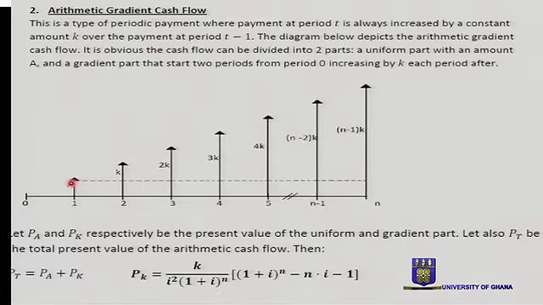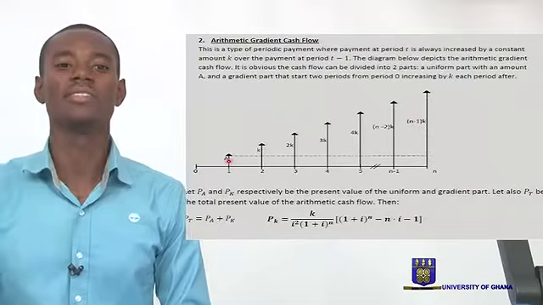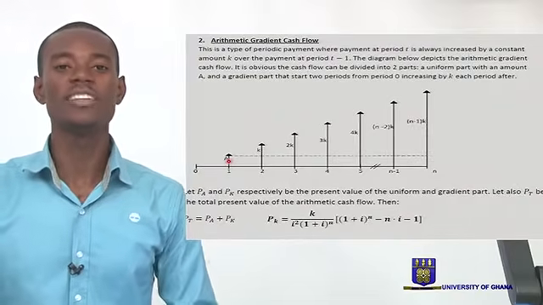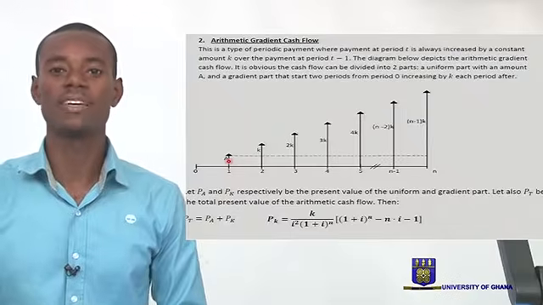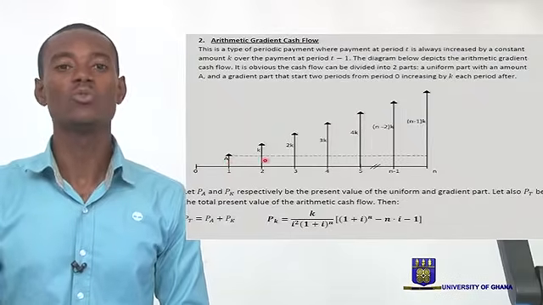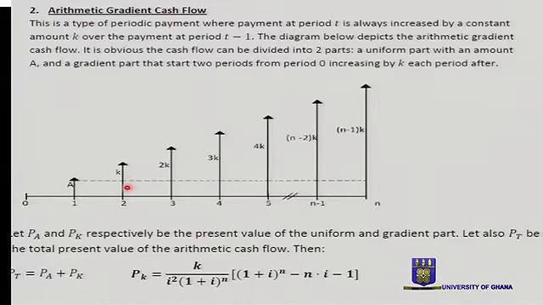Because, for instance, assume that I have a value 1,000 cedis. Every year, increase the initial payment by a certain fixed sum, let's say 50 cedis. So year 1, you pay 1,000, year 2, you will pay 1,000 cedis plus 50 cedis. Year 3, you will pay 1,000 cedis plus 50 plus 50. Year 4, you pay 1,000 cedis plus 50 plus 50 plus 50.